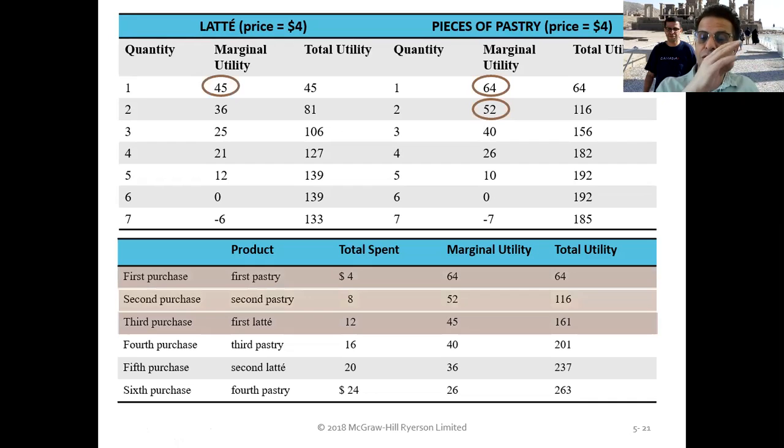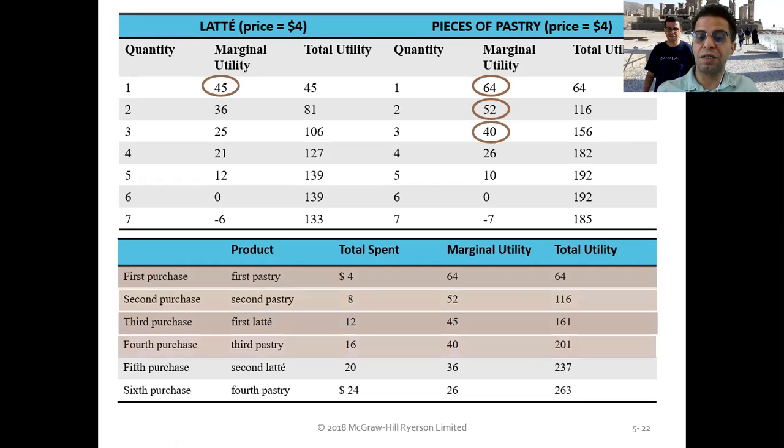And the third one, because it's a 45, you go with a latte. The fourth one is 40 marginal utilities, but latte gives us only 36. So we selected 3 quantities of pastry and 1 latte.